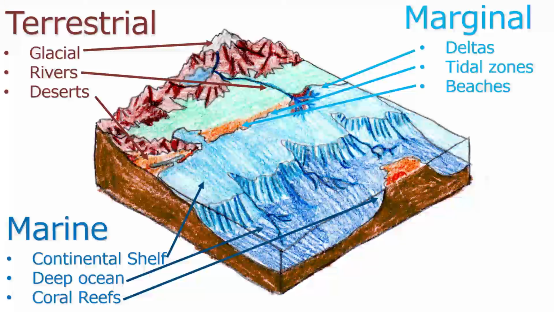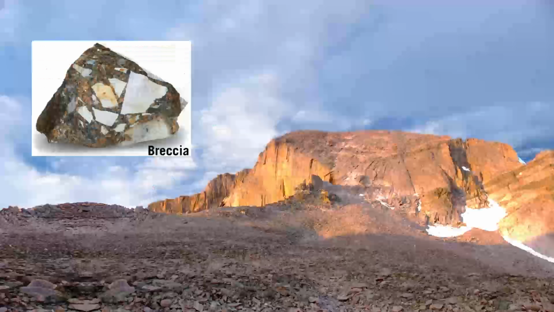Now, in general, I want you to know that there are terrestrial depositional basins on land, marine depositional basins in the oceans, and marginal depositional basins in the in-between places. So let's take a look at a few of these depositional environments and see if we can identify the evidence of the environment in the rocks that they form.